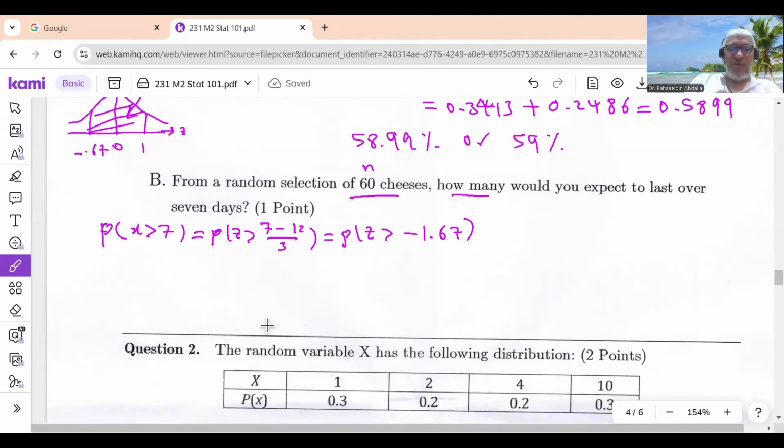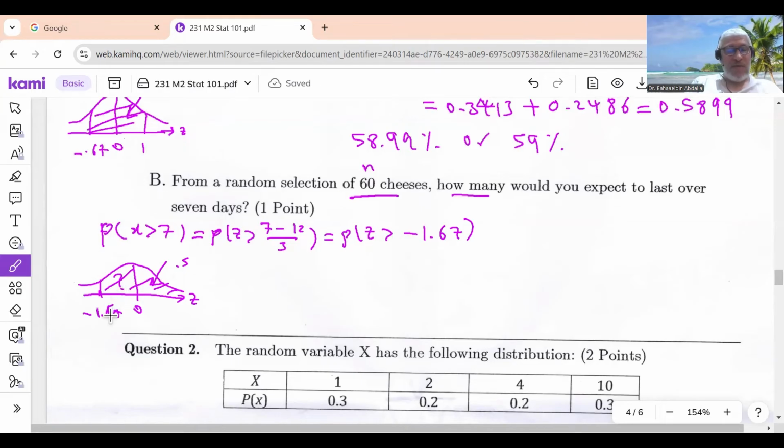So now I need to find this probability from the table because I have the table of Z. So where is -1.67? This is 0. This is Z. -1.67 is somewhere here. I need the area to the right of this number. I need all of this area. How can I find this area from the table? Well, I know that the area to the right of 0 is 0.5. So all that I need to find is this area.